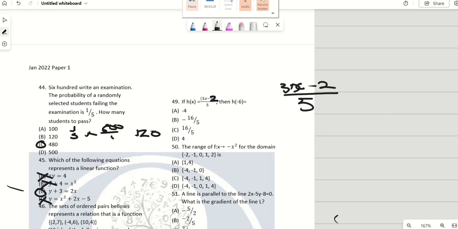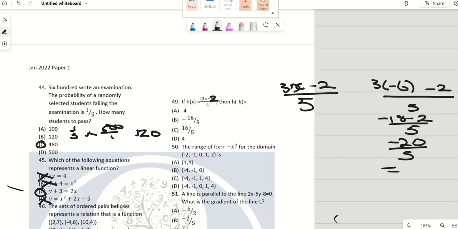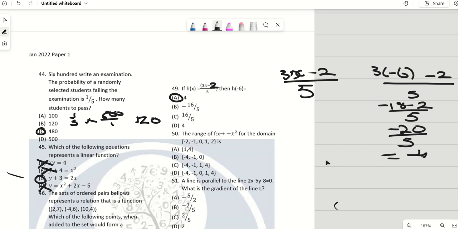That means wherever we see x, we're going to put minus 6. So that's 3 by minus 6 minus 2. 6 3s are 18. So minus 18 minus 2 divided by 5 is minus 20 divided by 5, which is equal to minus 4. So your answer is A for this question. Right?